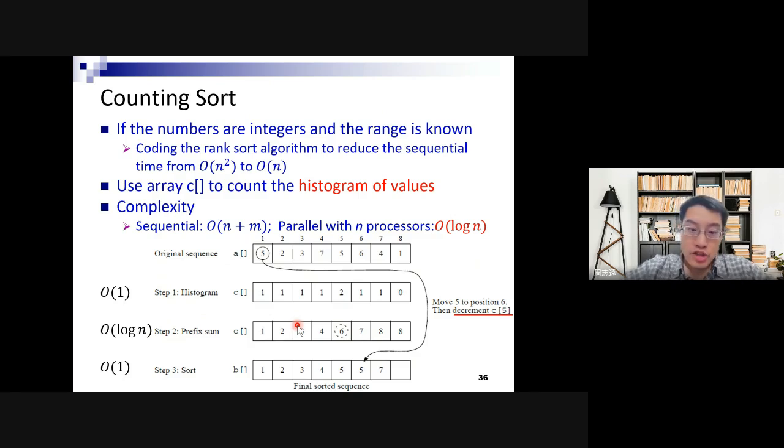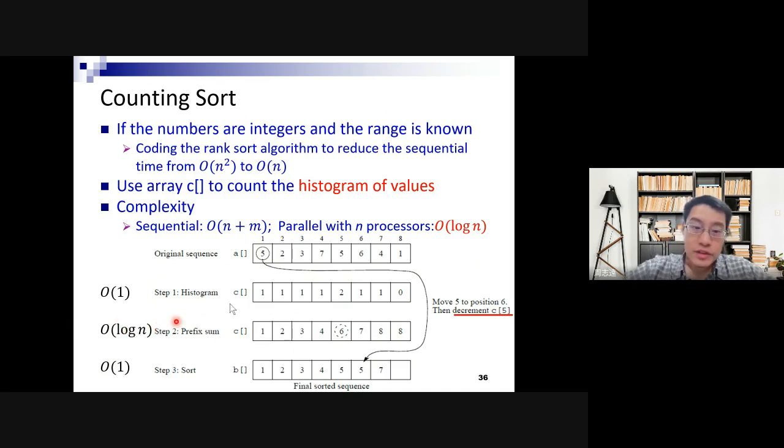So again, you can use O(log n) time to compute the prefix sum, and then each process is responsible for moving one item to the sorted array. So that's again O(1) time, a constant time. All right. So overall, this complexity is just O(log n).